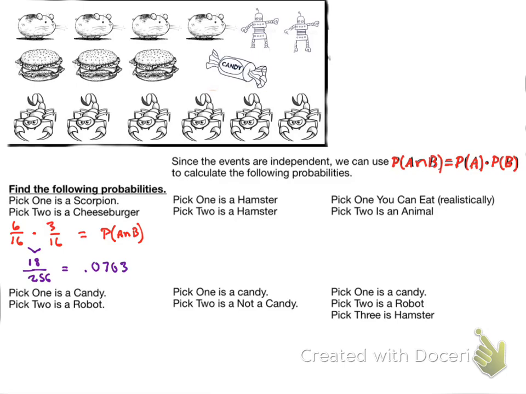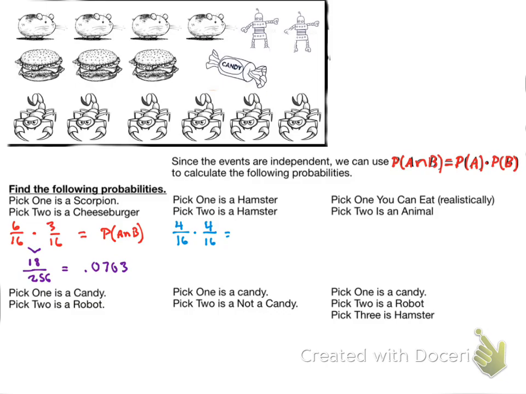Okay. Now next one, we're looking at pick 1 is a hamster. I'm going to go straight to hamsters. It looks like I have 4 hamsters out of 16 times pick 2 is a hamster. Remember, we're putting the hamster back, so on our second pick we still have 4 out of 16 hamsters.